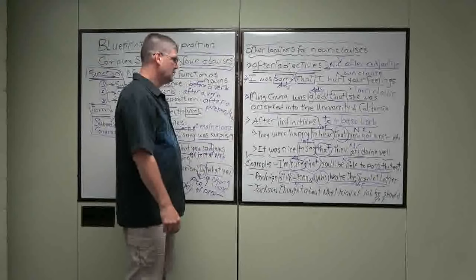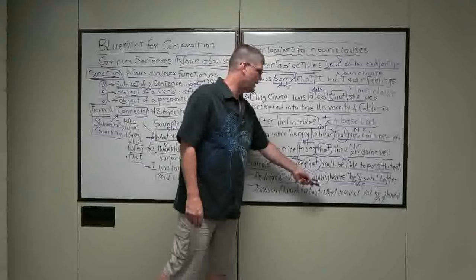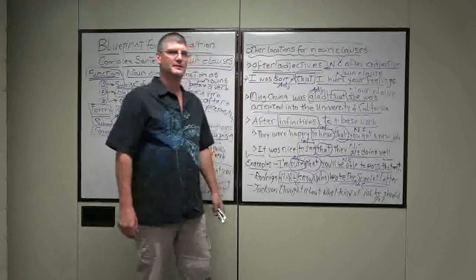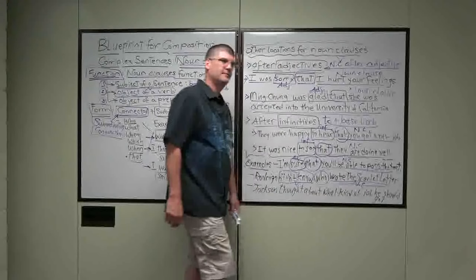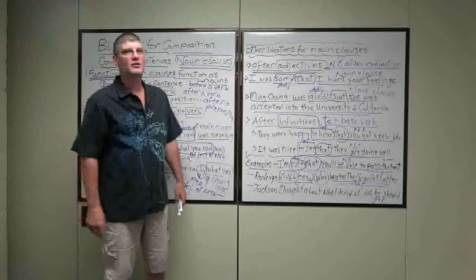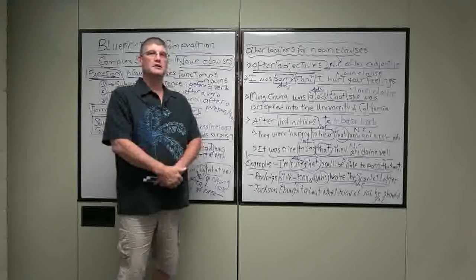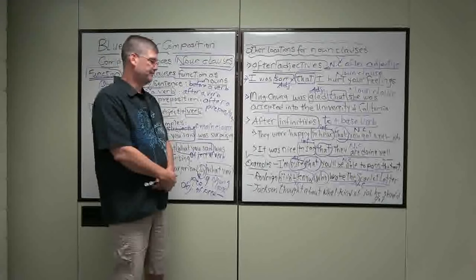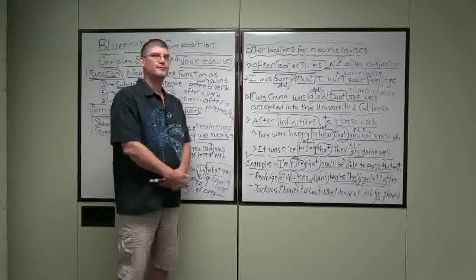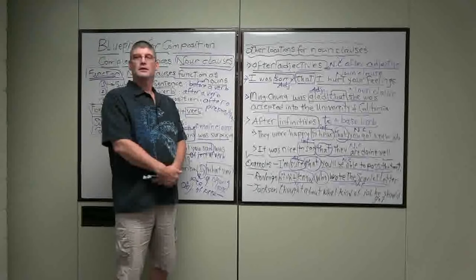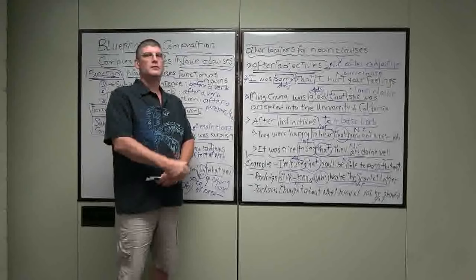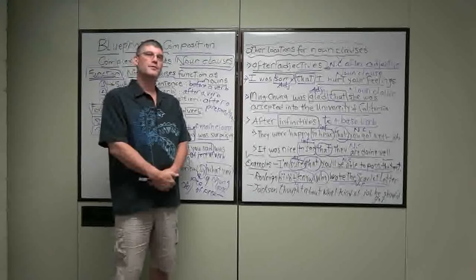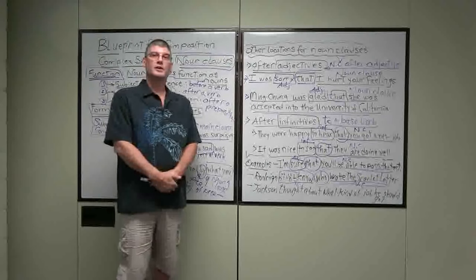Third sentence. Jackson thought about what kind of job he should get. All right, Jackson thought about what kind of job he should get. Step one, identify the noun clause. Step two, label it in terms of its function. So, first thing I would do is look for the connector.